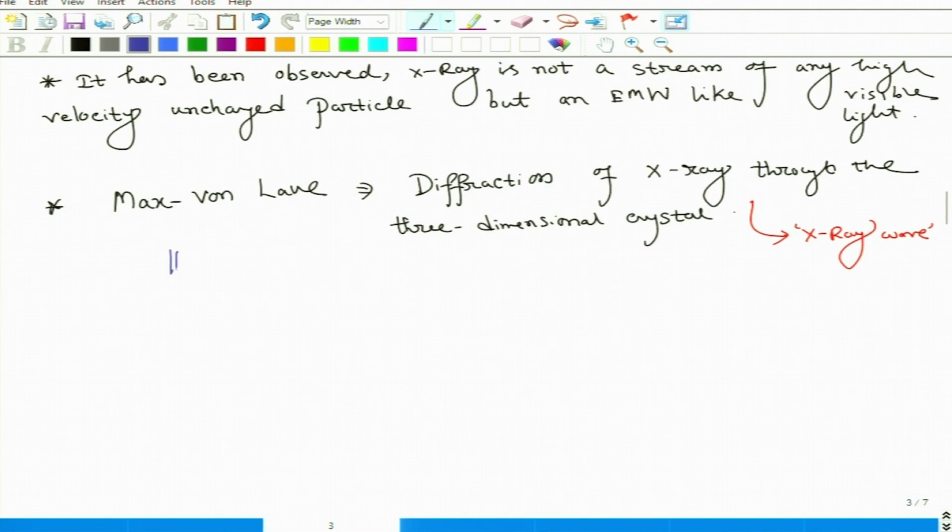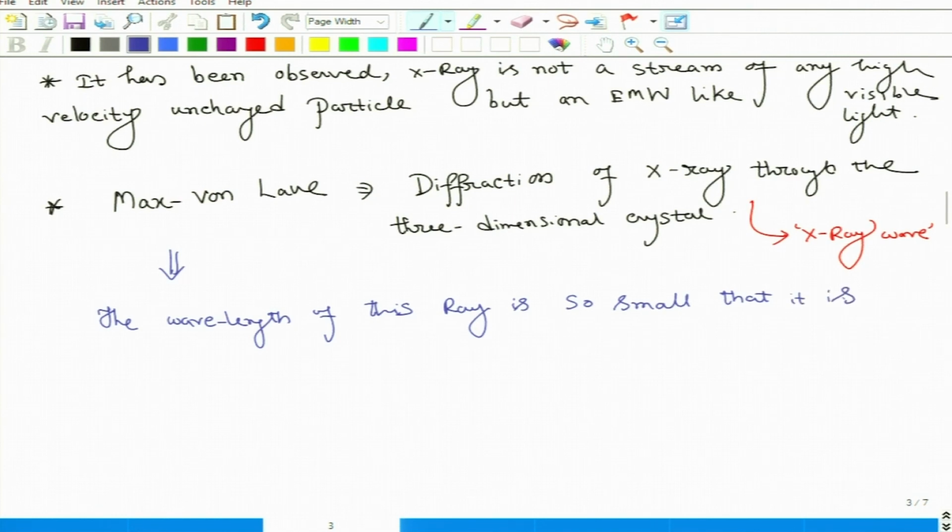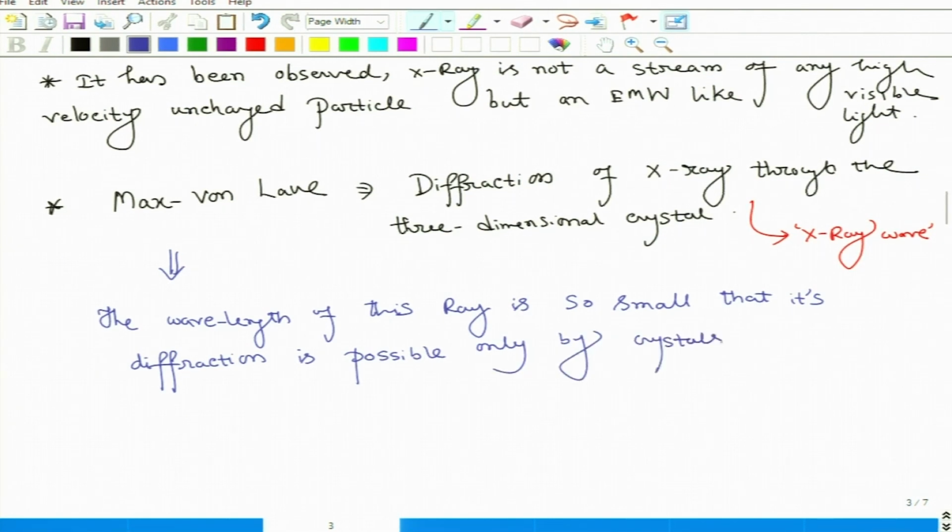So what was the outcome? The outcome was that the wavelength of this ray, that means the X-ray, is so small that its diffraction is possible only by crystals having a spacing of 10 to the power minus 8 centimeter.